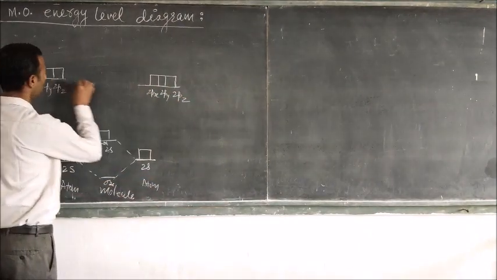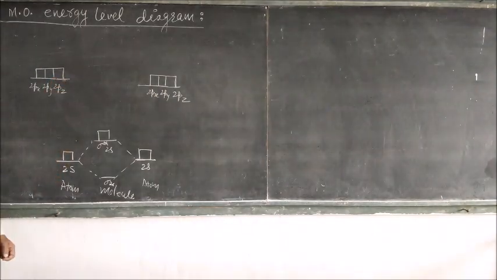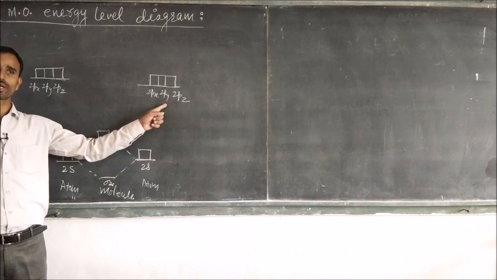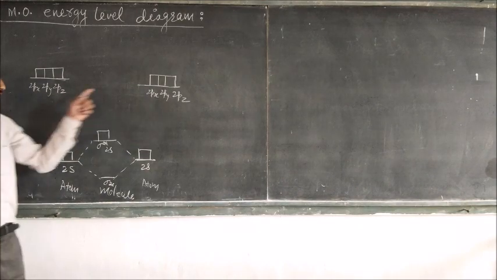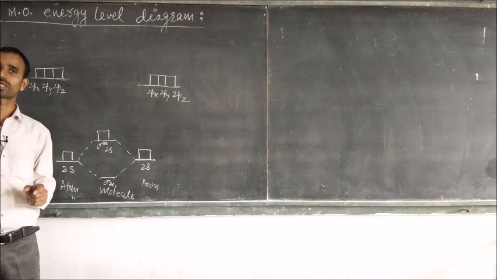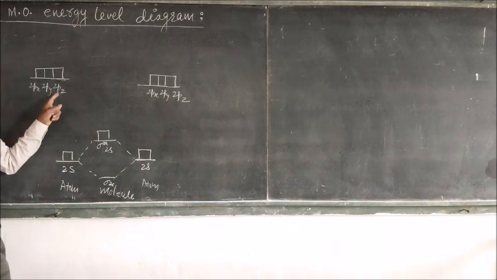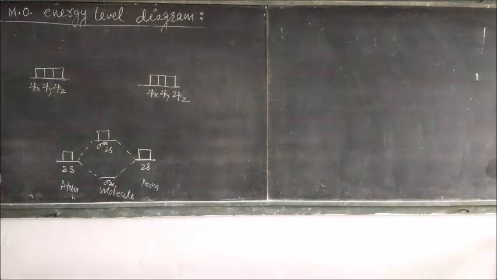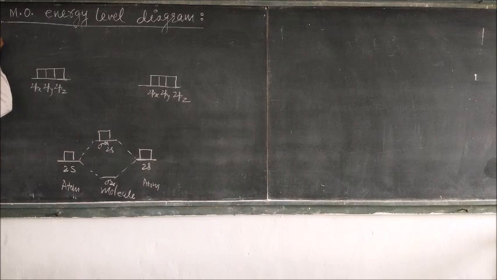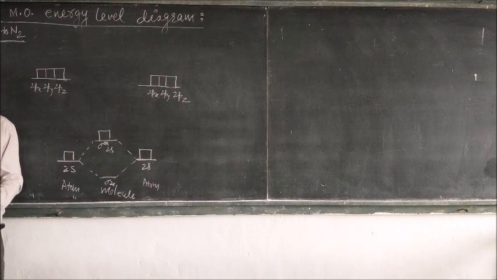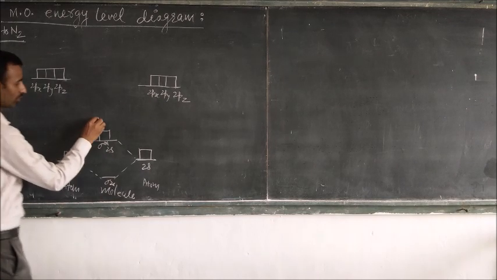Now when they overlap, 2px overlaps with 2px to give pi 2px and pi star 2px, 2py overlaps with 2py to give pi 2py and pi star 2py, and 2pz overlaps with 2pz to give sigma 2pz and sigma star 2pz. So up to N2, pi 2px and pi 2py have lower energy.